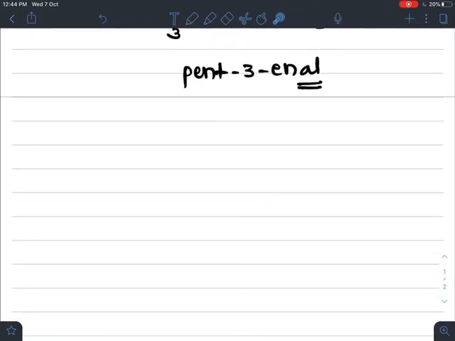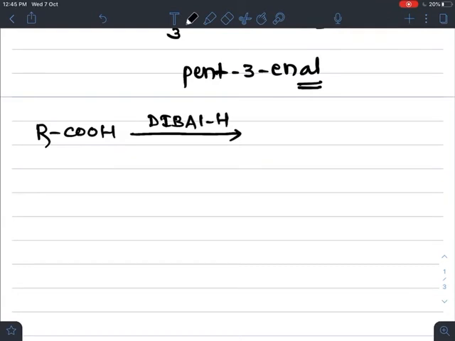Again, when it is treated with different compounds like carboxylic acid, when this carboxylic acid undergoes reduction with diisobutyl aluminum hydride and further acid hydrolysis, the COOH group is converted into the corresponding CHO group, and further reduction does not take place.